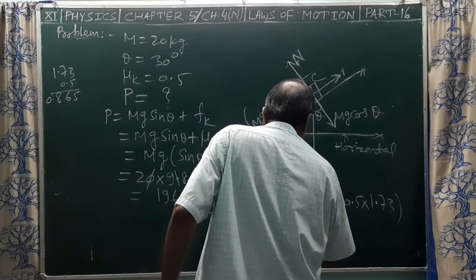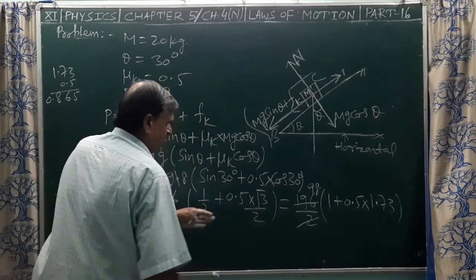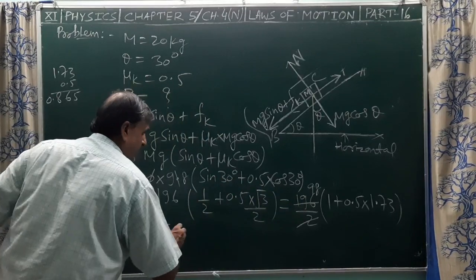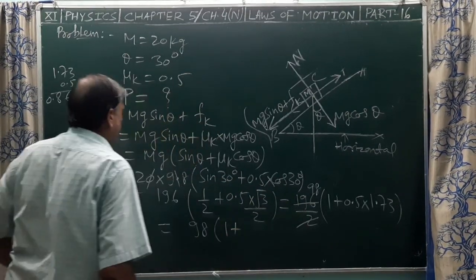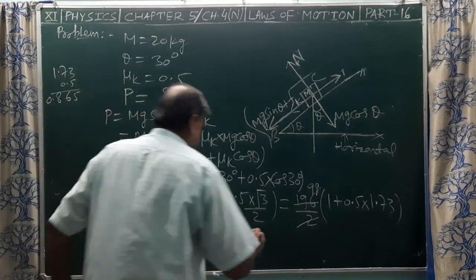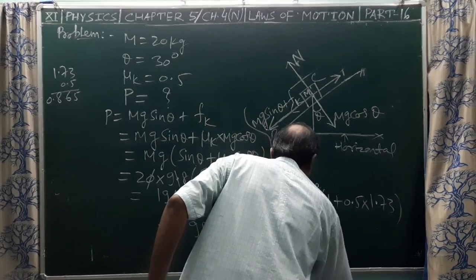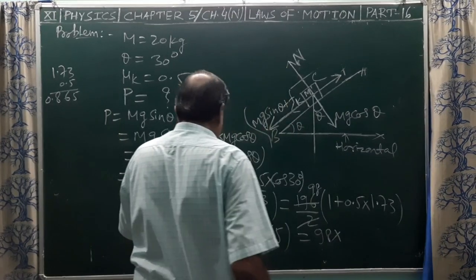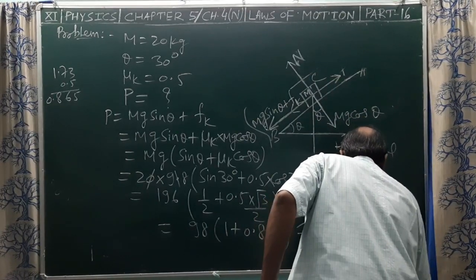196 by 2 is 98. So it is now 98 under bracket 1 plus 0.5 multiplied by 1.73, that is 0.865. So we have 98 multiplied by 1 plus 0.865, which is 1.865.